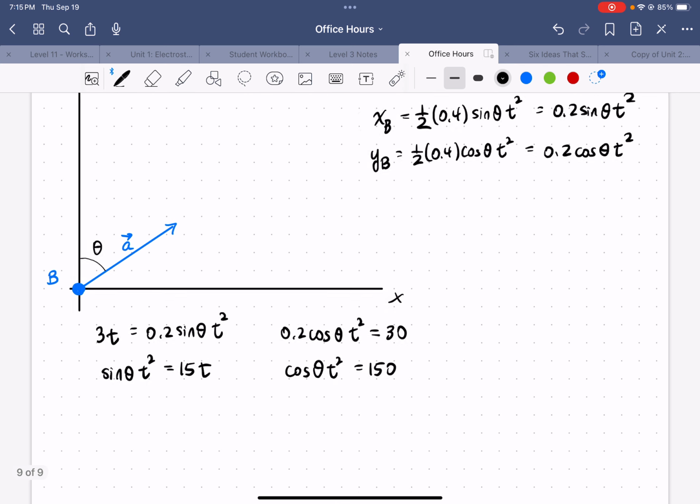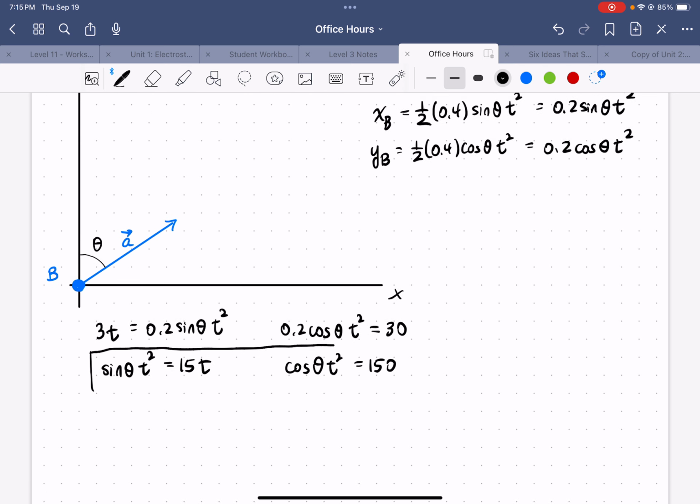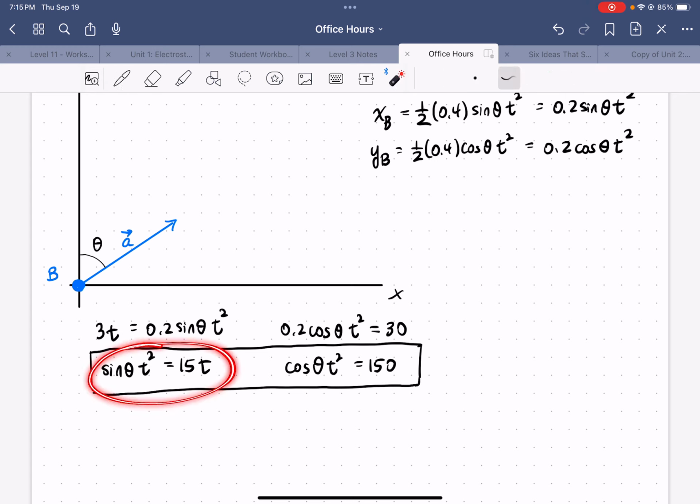Okay, so we have this system of two equations here in t and theta that we need to solve. So I'm actually going to solve this for t first. Now you might look at this equation here and be inclined to cancel the factor of t before going any further, but I'm actually going to leave them like this, and I'm going to make use of the Pythagorean identity, sine squared theta plus cosine squared theta equals 1.